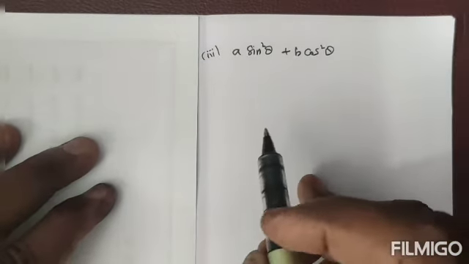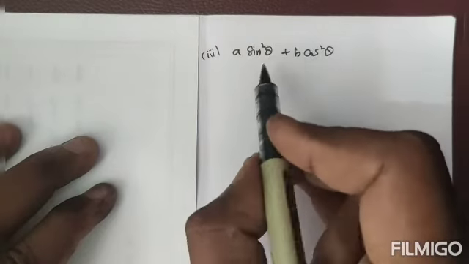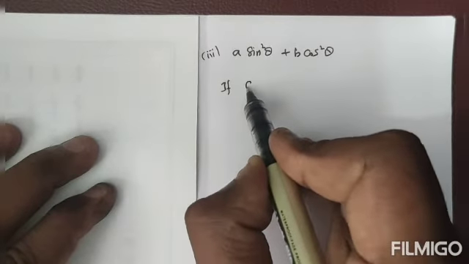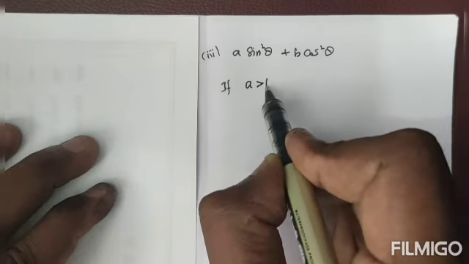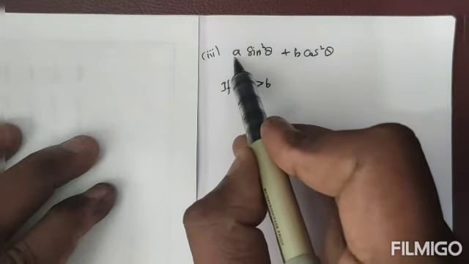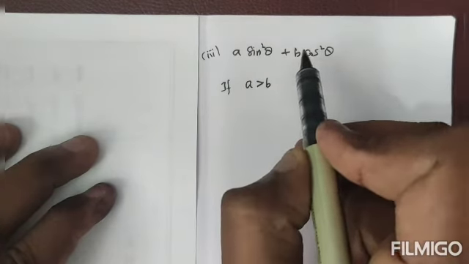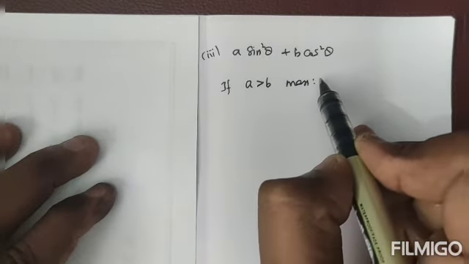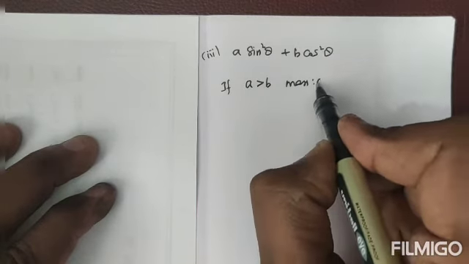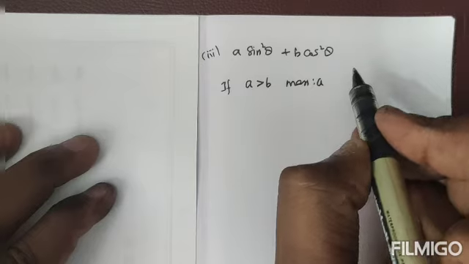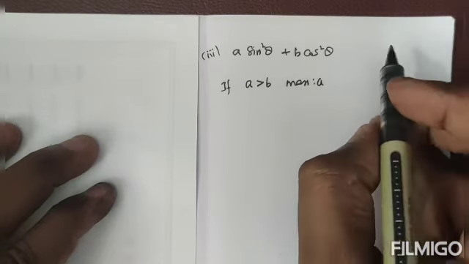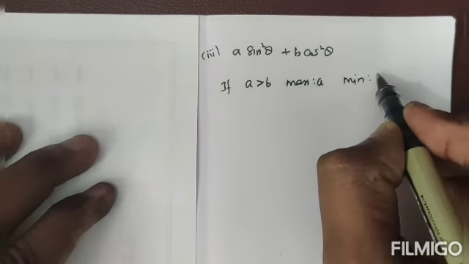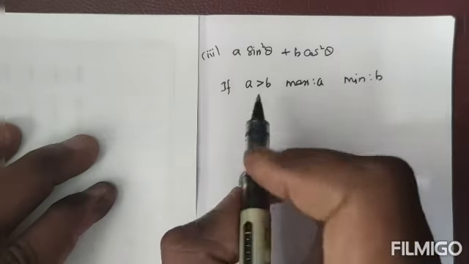So in this model, suppose a value is more than b, in this situation we can say the maximum value is a. That is the answer, directly you can write, no need to take root. Then the minimum is the b value, directly you can copy, very simple.